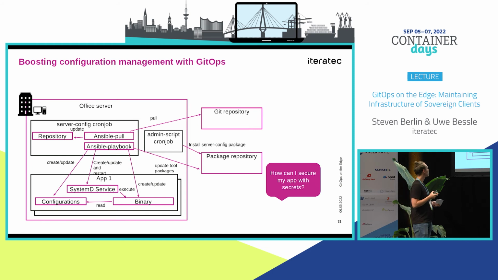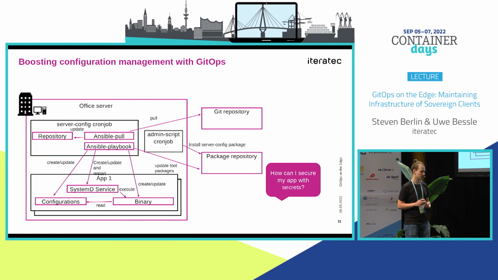So, there's a special case here that's interesting, but maybe not that interesting to you. Namely, it is about how to secure sensitive information. In Ansible, there's a tool called Ansible Vault that can be used.